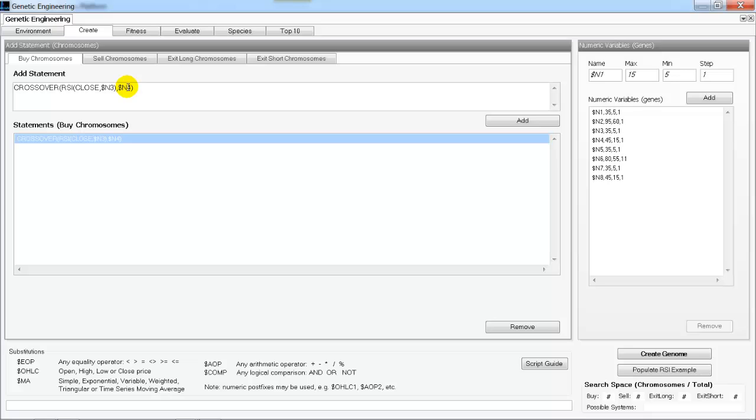So this is one chromosome, and within this chromosome we have 2 genes, and the genes are defined here on the right. The genes define the range of values where the mutation can take place.